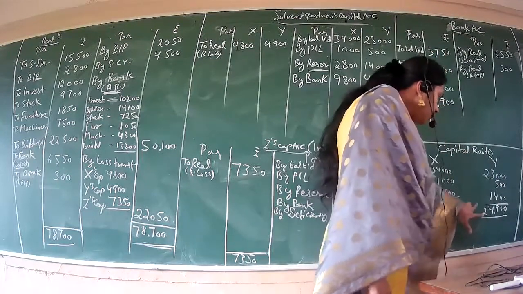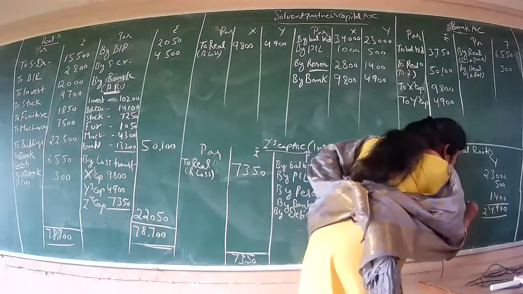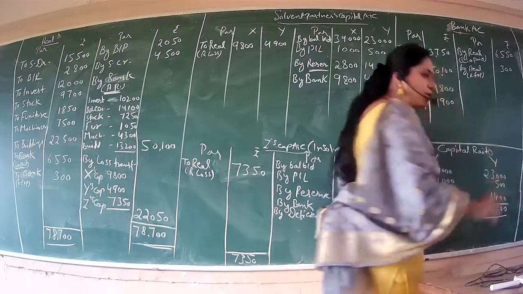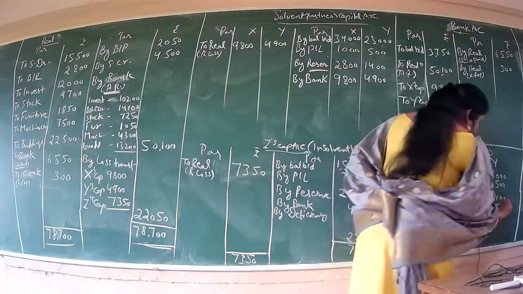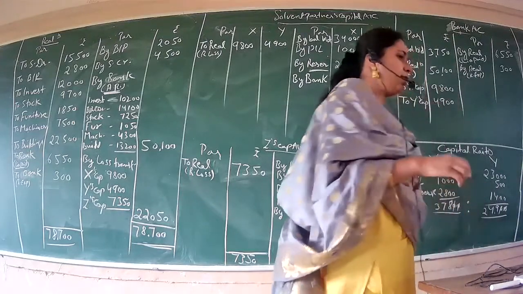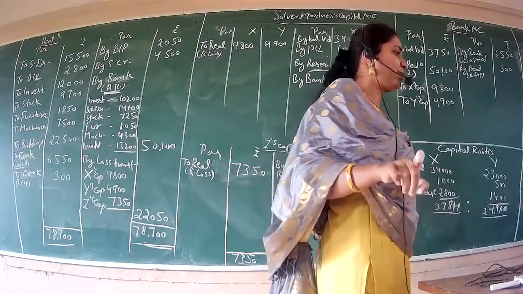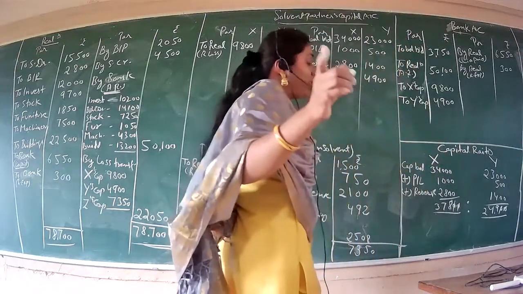And we have to calculate the ratio between these two capital amounts. So to calculate the ratio for 37,800 and 24,900, we have to find the common divider. Okay, please, for the common divider, you have to recall your school time. During school, hopefully we have learned the 2 to 20 tables.